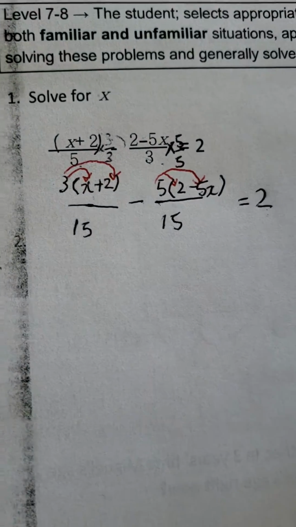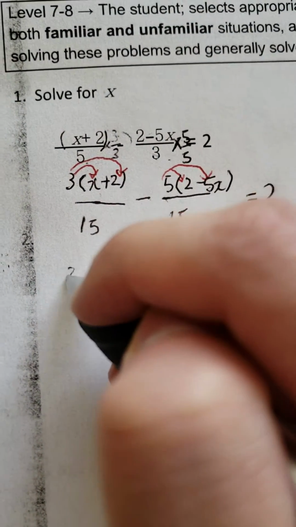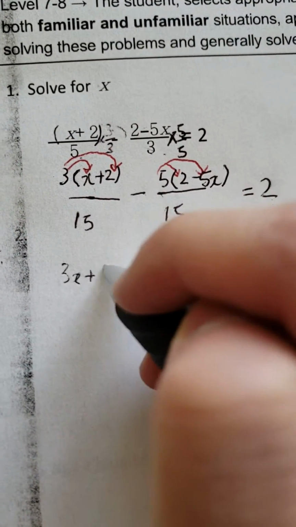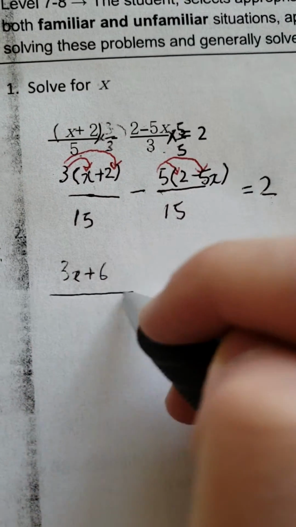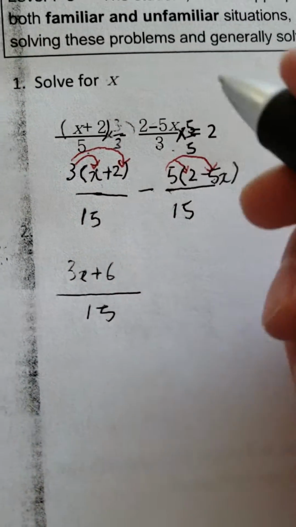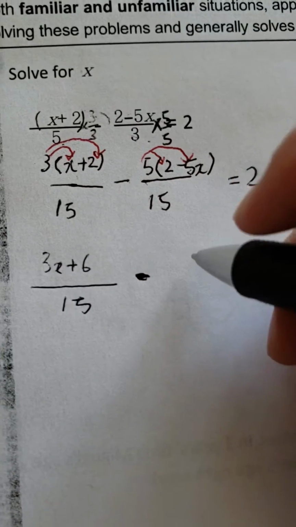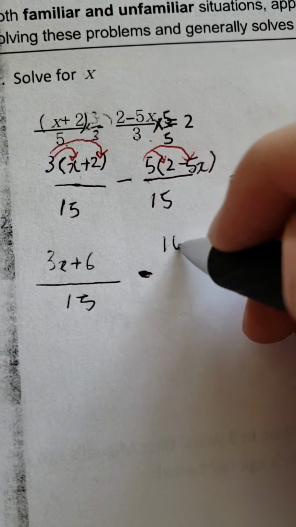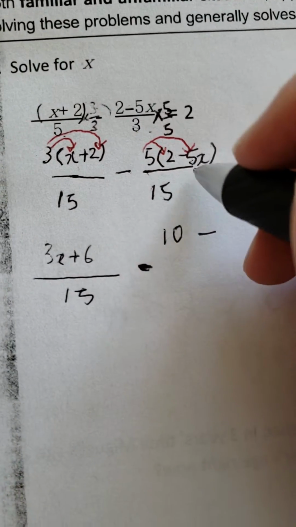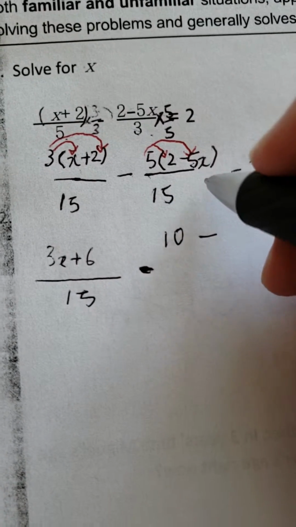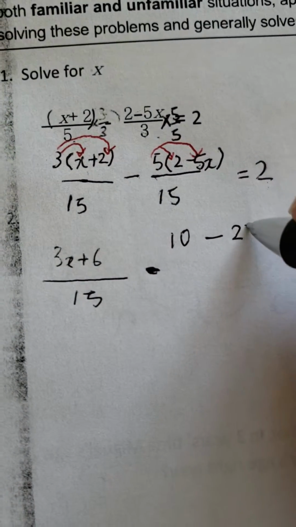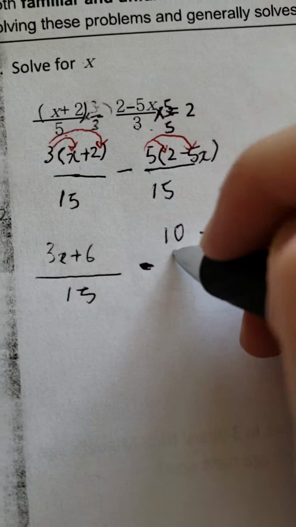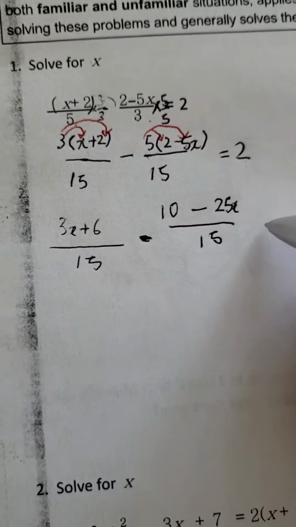What you get is 3x plus 6, and the denominator is 15. Subtract 5 times 2, which is 10, and 5 multiplied by minus 5x, which is negative 25x, over 15, equals 2.